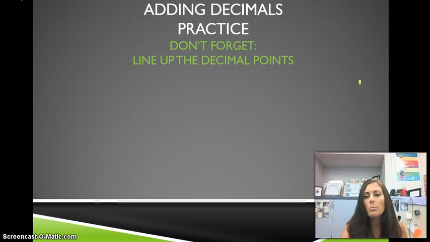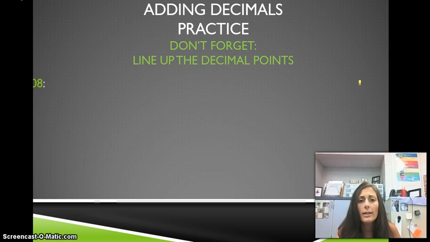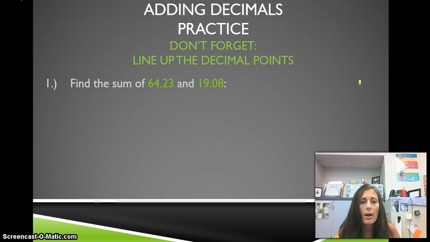Adding decimal practice. We're going to go ahead and practice now. So write practice in your math journal and write number 1. Your first problem that you need to practice on is to find the sum. Now remember, sum is the answer to an addition problem. Find the sum of 64 and 23 hundredths plus 19 and 8 hundredths.